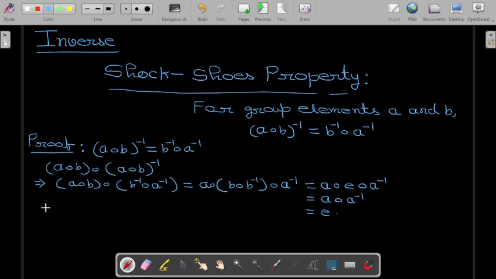So we have proved the theorem, that A composed B whole inverse is equal to B inverse composed A inverse. This is proved. Let's go to the next page.